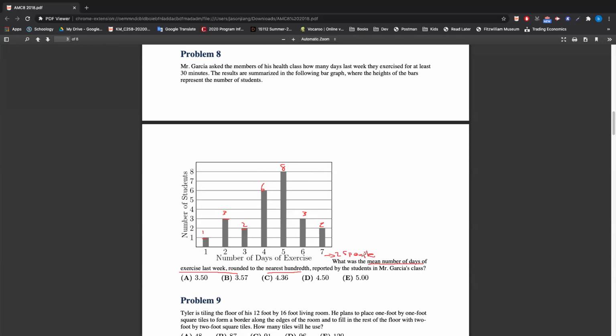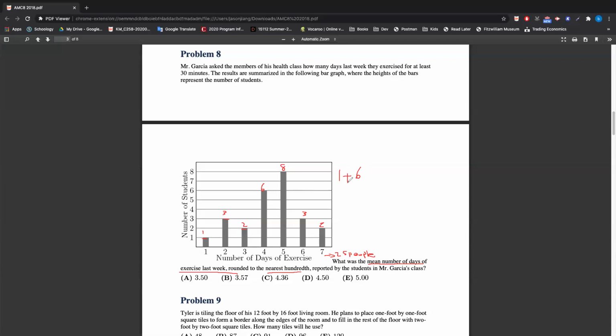Now we just have to find out how many days they exercised in total. So 1 day of exercise times 1 person is 1. 2 days of exercise times 3 people, that's 6 days of exercise. And we're going to continue the pattern here, multiplying the number of days of exercise by how many people.